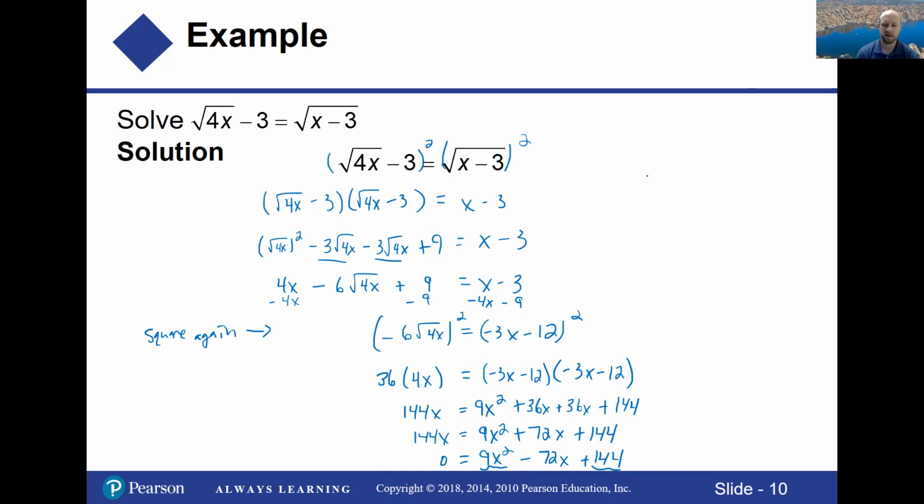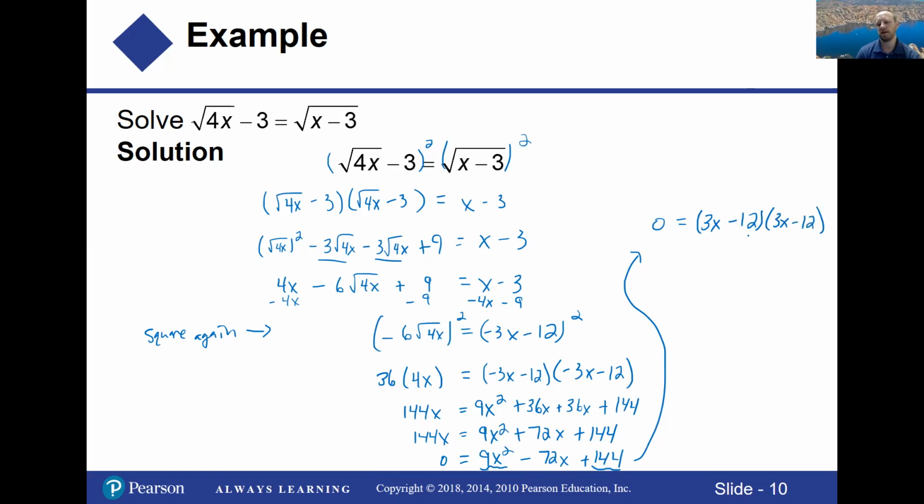Well, if I take the square root of that, I'm going to get 3x, right? And if I take the square root of 144, I'm going to get 12. So I have 3x, and then since this is a minus, it's going to be a minus 12. So 3x minus 12 times 3x minus 12.